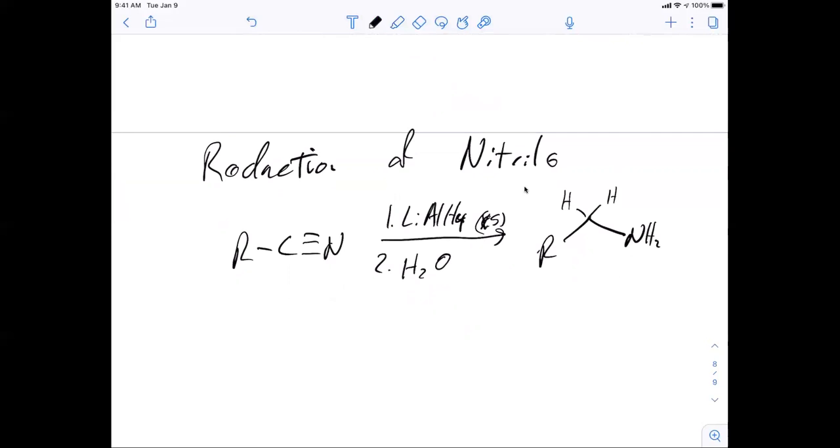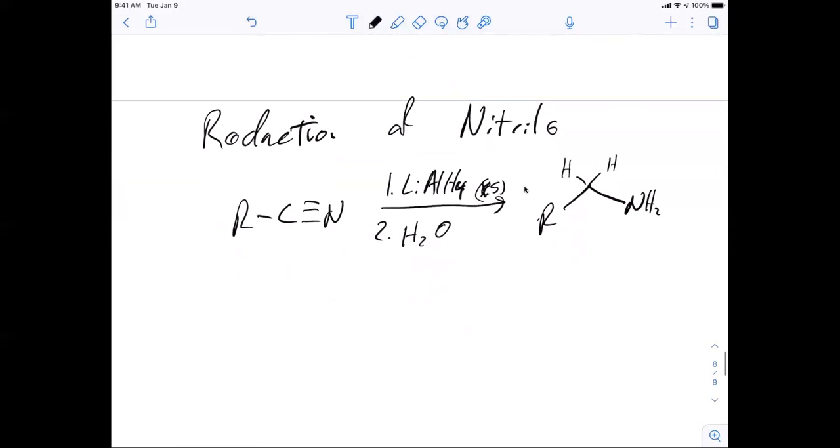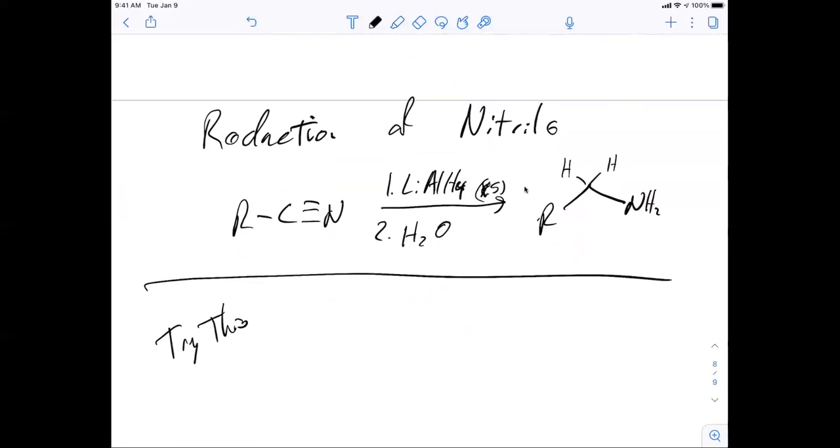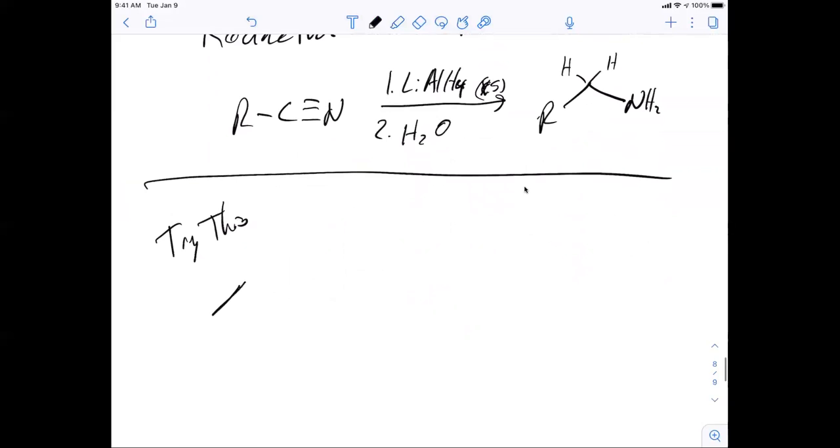Okay, so we finished up amides and nitriles. So let's look at a few. Try this. And we'll take a little time on these. They're multi-step synthesis. Remember, it's always good to draw out each step.